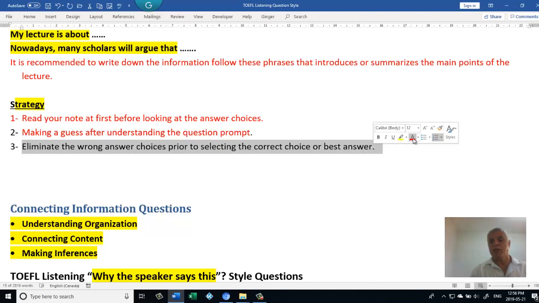Because when we eliminate, for example, let's say we have four choices, 1, 2, 3, 4, we eliminate one and three stay. Then from the three we could eliminate another one, and we end up with two. And from the two, they are close, so we have to make our decision.